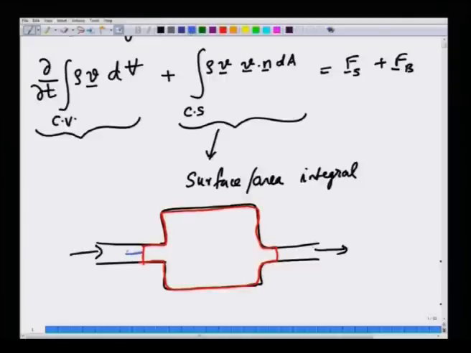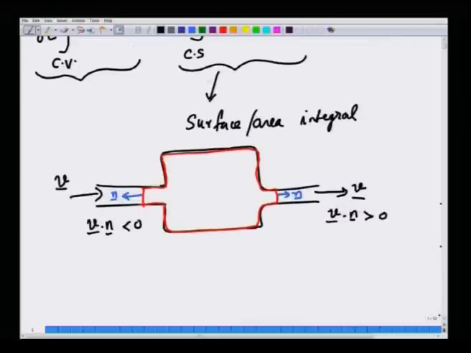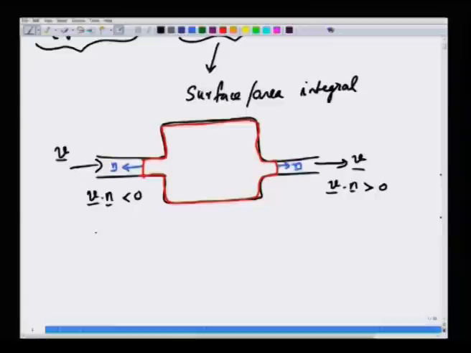As I have told you several times in the last two lectures, v dot n is always negative at the entrance and positive at the exit, regardless of the choice of coordinate system, because v dot n is a scalar quantity, a dot product of the velocity and the normal to the control surface.